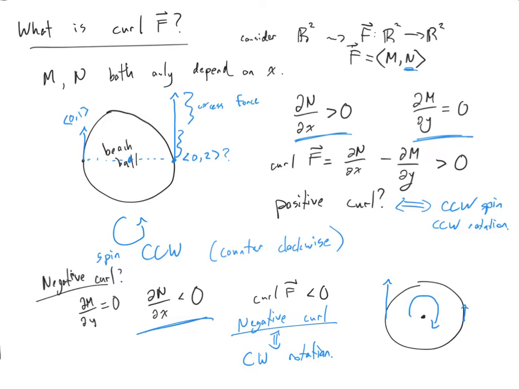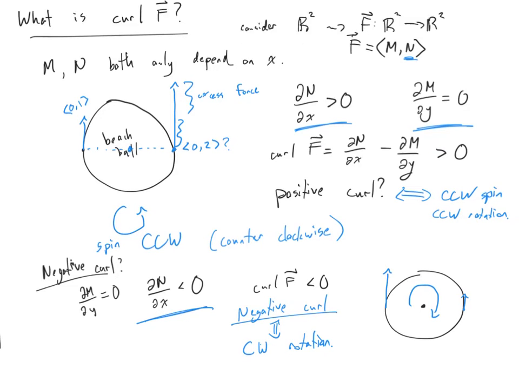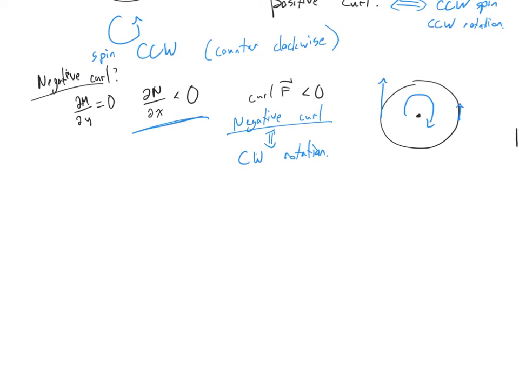And so gradient vector fields in R2 are ones where there is no local rotation. If you drop a beach ball in there, it's not going to rotate. Now I didn't do this analysis for dM/dy, but you could do it the same way.